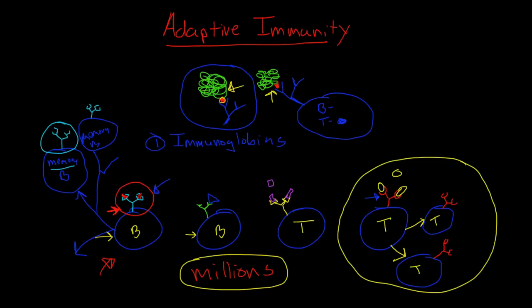Okay, so those are memory B cells, and then the other cell that B cells differentiate to when they get activated are plasma cells. And plasma cells are cells that have the machinery to generate lots and lots of antibodies, which are designed not to stay on the cell membrane but to be released into the bloodstream, and they become immunoglobulins that are, again, specific.